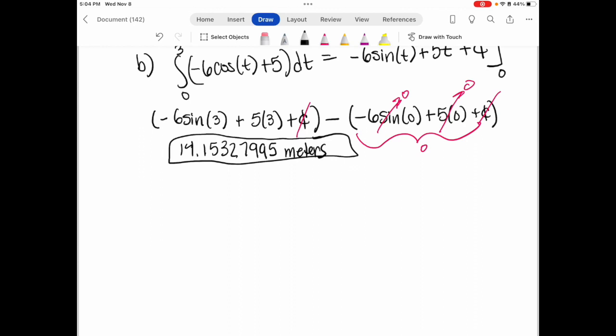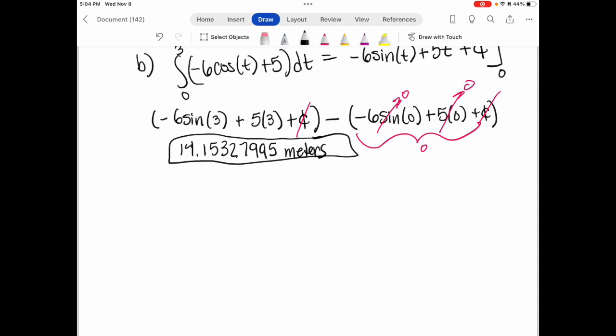Okay, so what this tells us is the object moved in one direction and then it moved in a different direction, and that net direction is 14.15327995 meters. So for an example of that, let's say I move 3 meters in front but I back up 5 meters.